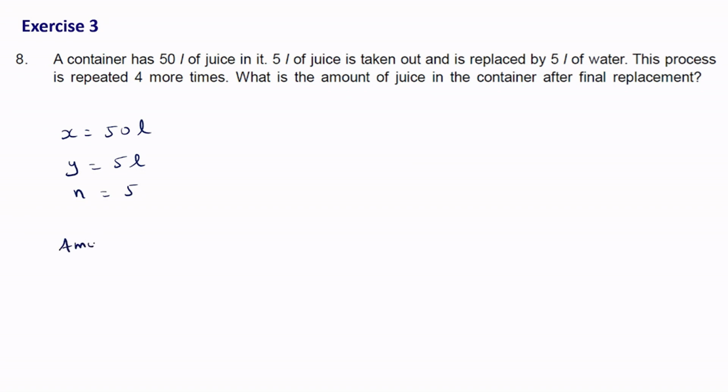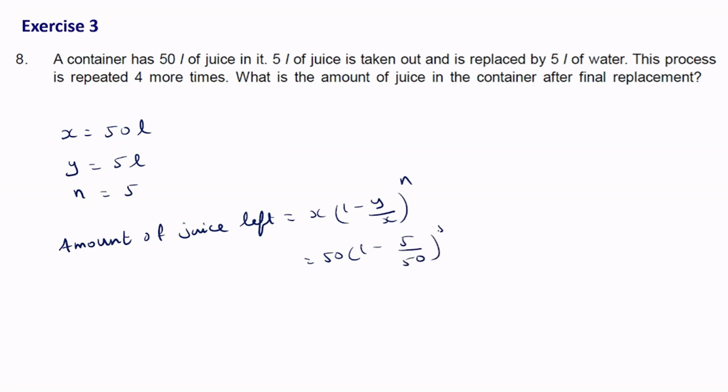So the amount of juice left will be, the formula is x into 1 minus y by x the whole raised to n. So it is 50 into 1 minus 5 by 50 the whole raised to 5. So it is 50 into, here since we are having whole raised to 5, let us have this as 1 minus 0.1, which is 0.9 the whole raised to 5.